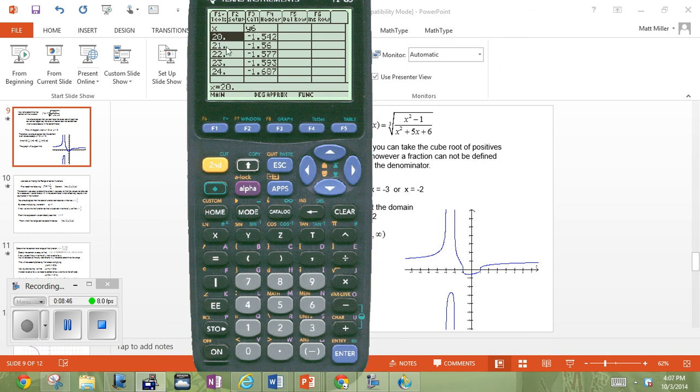So we have 20, let's take that up, well, now we can key in 40, okay? And we can see, well, is that closing in on -2? Well, double that, go to 80, okay? And is it getting closer to -2? Go up to 160, double it again, okay?